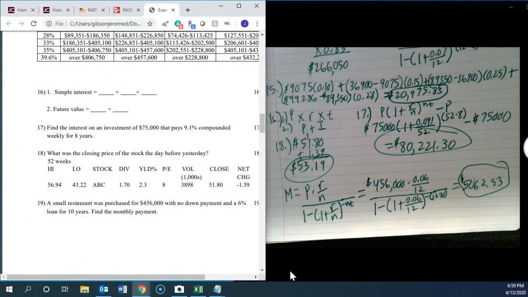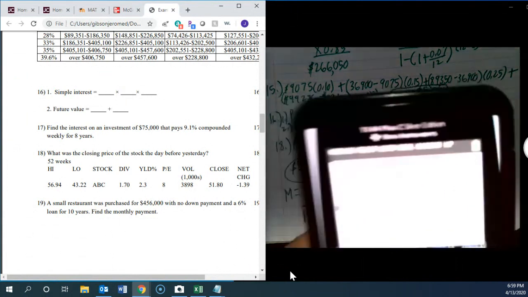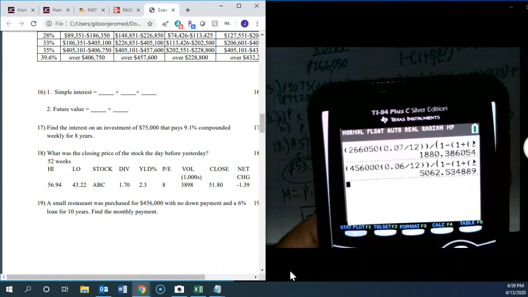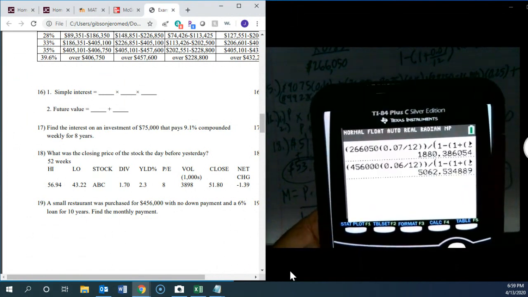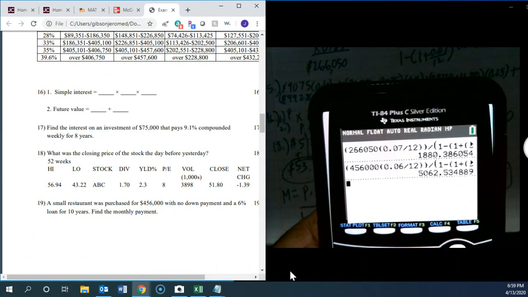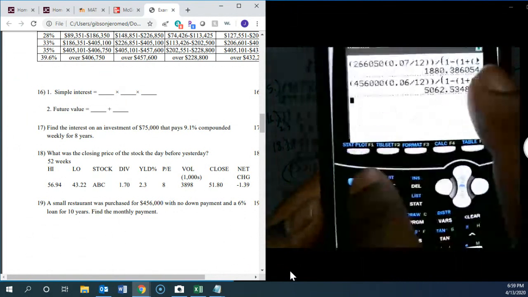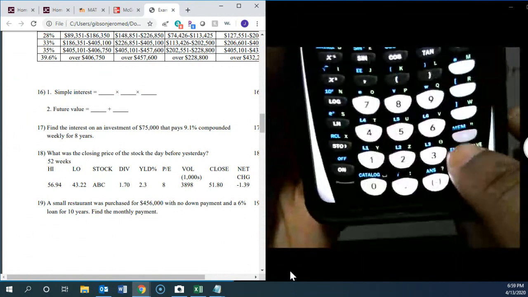Just to give you a quick look here for those that are using the TI-84, to pull the problem back up, and this is one of the extra things you have to do in the 84, you have to press the second function key, which is here, and then enter.